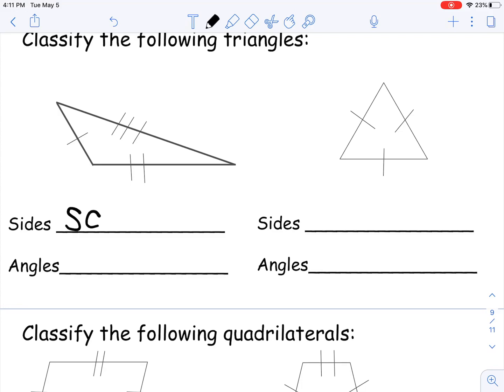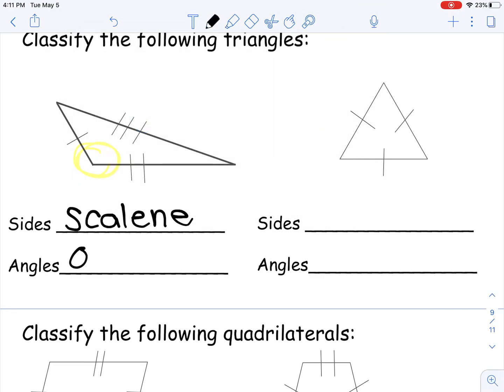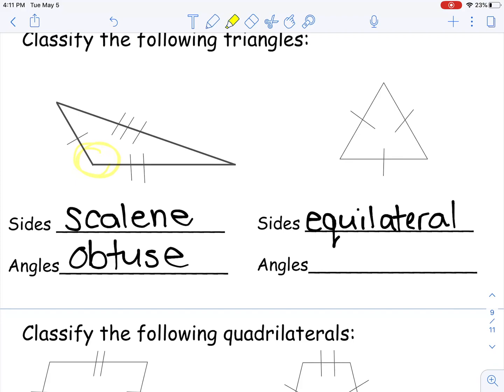I notice all 3 sides are different, so all different means scalene. I notice right here, that angle is bigger than 90 degrees, so that's an obtuse angle. And then my next one, all the congruency marks are the same, so he is all equal, or an equilateral triangle. And if you look at the angles, they're all those tiny cute ones, so he's acute.